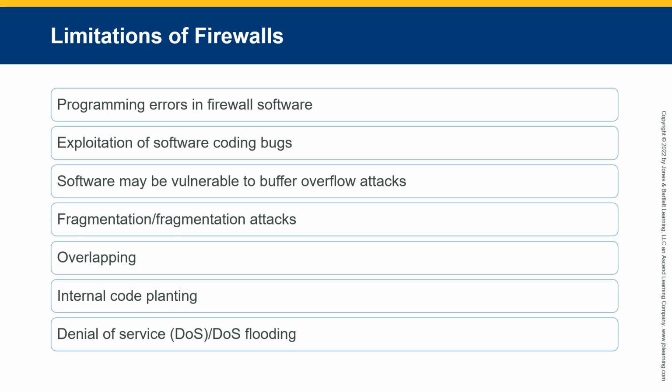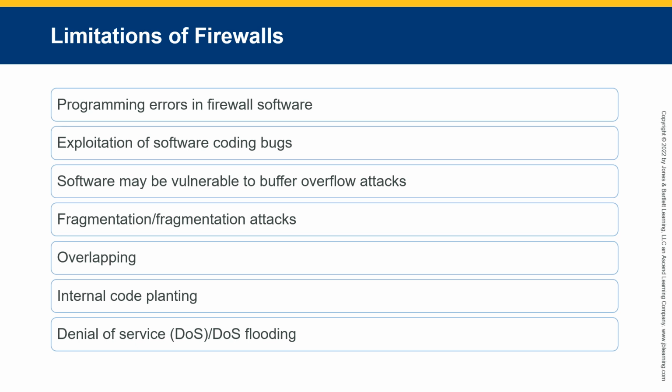Firewalls can also be susceptible to fragmentation attacks. This is where somebody has a router that sets an MTU size so low that a normal packet gets split up into multiple packets, and it keeps getting forwarded onto the internet until it reaches the firewall.